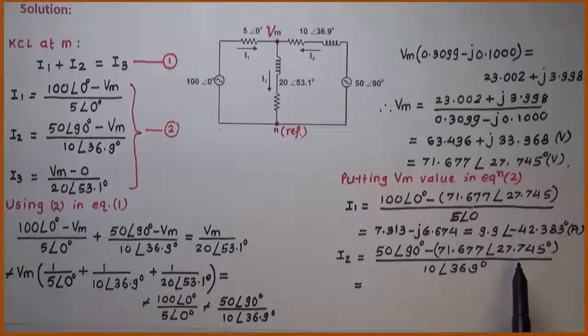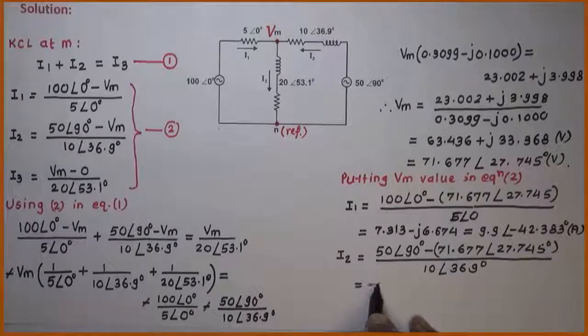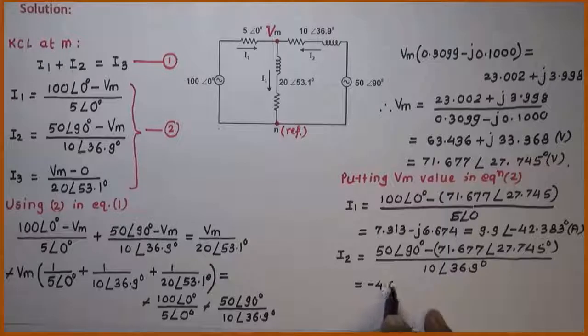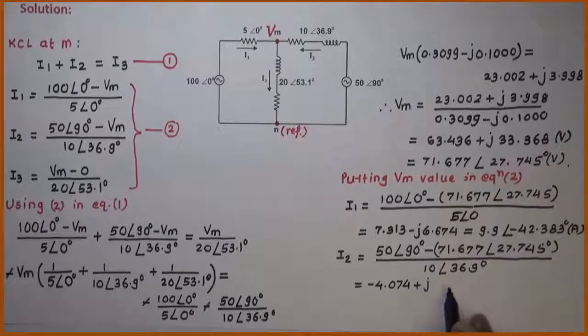You will get I2 as minus 4.074 plus j5.139.